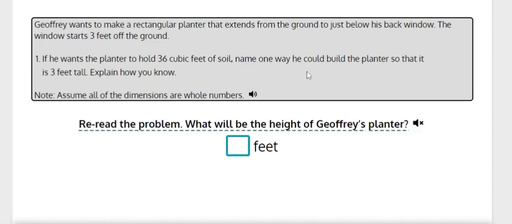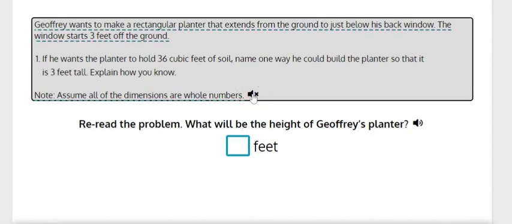What will be the height of Jeffrey's planter? Jeffrey wants to make a rectangular planter that extends from the ground to just below his back window. The window starts 3 feet off the ground. 1. If he wants the planter to hold 36 cubic feet of soil, name one way he could build the planter so that it is 3 feet tall.